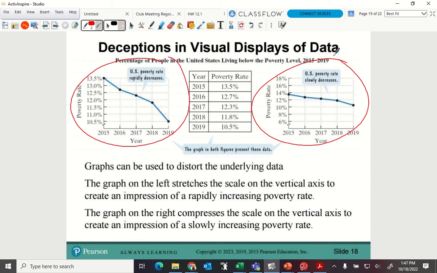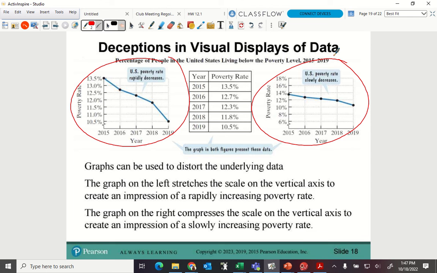All right, anyone? Yeah, go ahead. It's more something on the left. It's more what? Zoomed in. More zoomed in, or it's stretched out, right? Yeah, it's stretched out. So even though that's the same data, does it look like it's going down a lot faster? Yeah, and on the right-hand side, it's squished a little more, right? So it looks like it's not really going down very much.